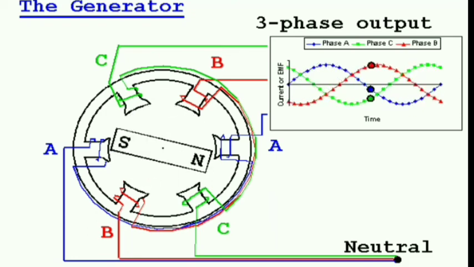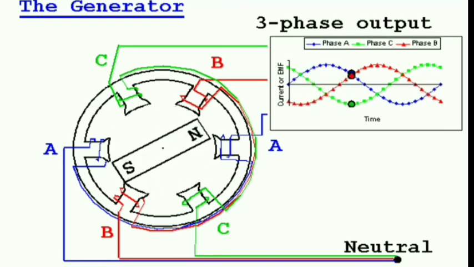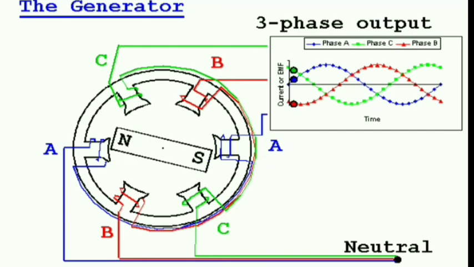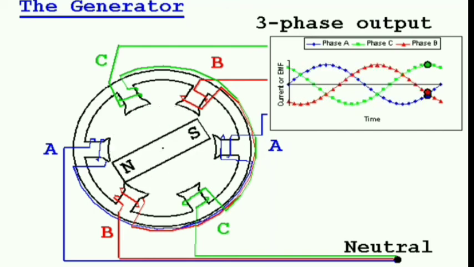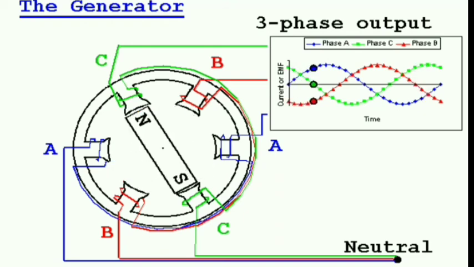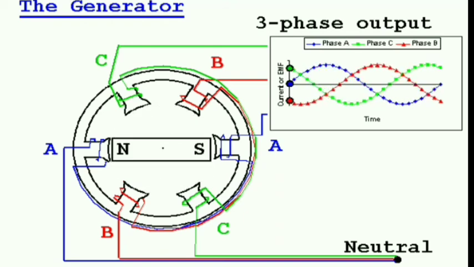This module shows the three phase supply voltage A, B and C, or red, green, blue, with the neutral wire and excitation system.